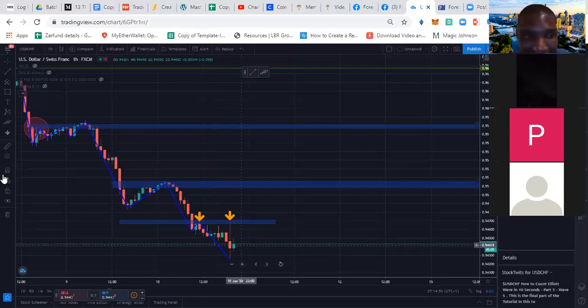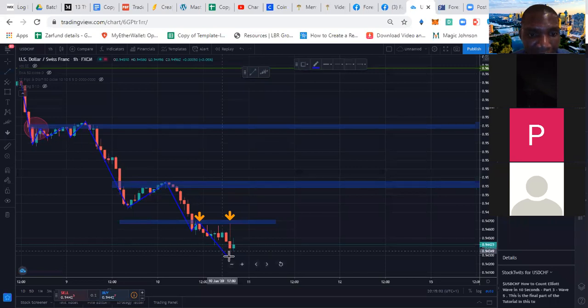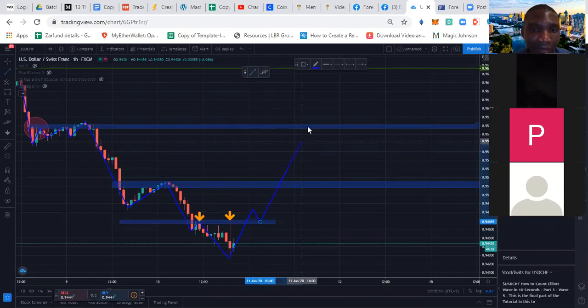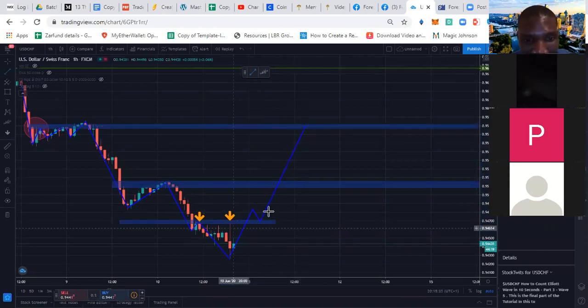But if we don't see that, this is what's likely to happen. When price moves from here and breaks this point, and then comes back like this, and then moves up, then you know that an uptrend has begun, because this structure has been broken.